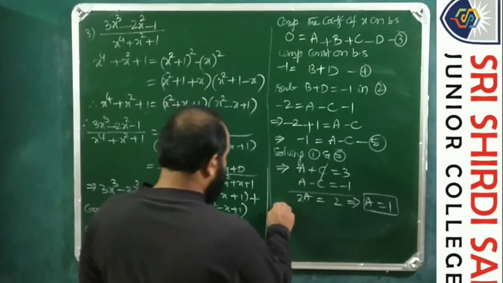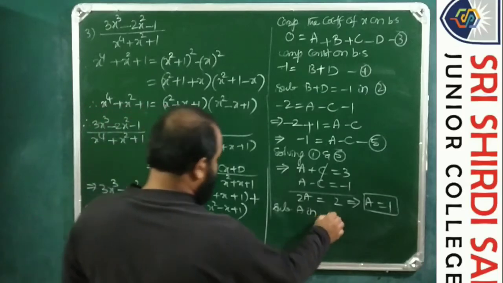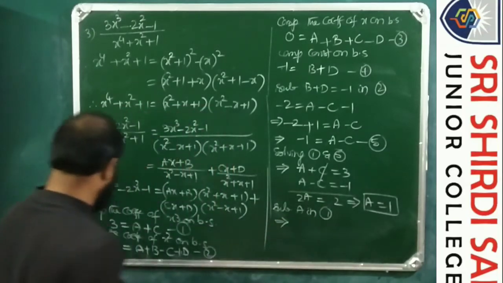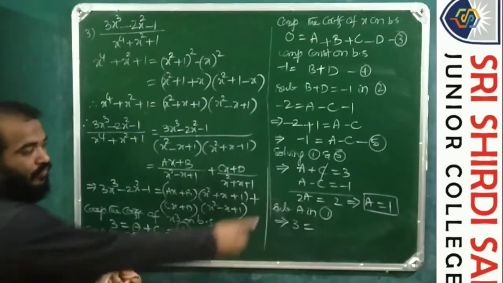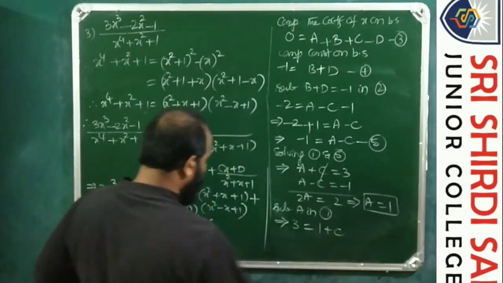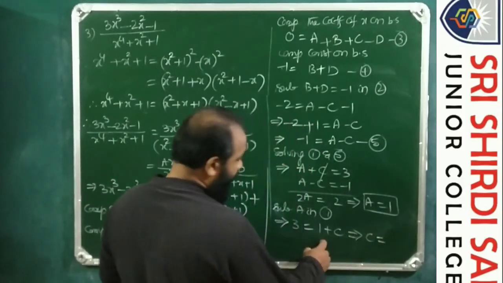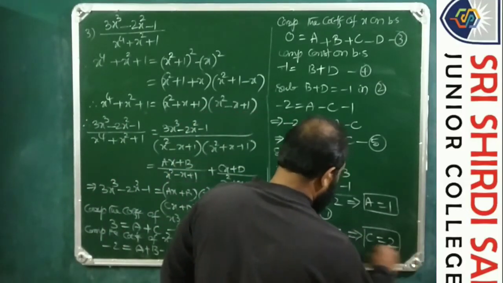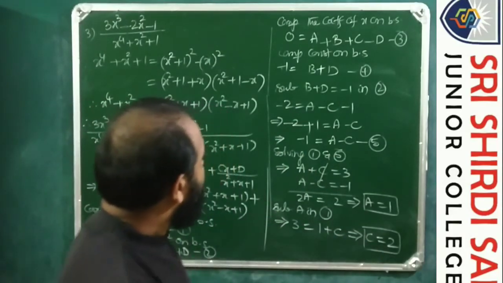Now substituting a in the first equation, we get 3 equals 1 plus c. So from this c is equal to 3 minus 1, which is 2. So a value and c value we got.